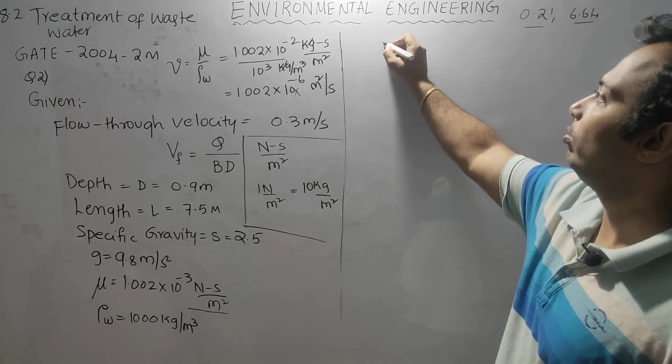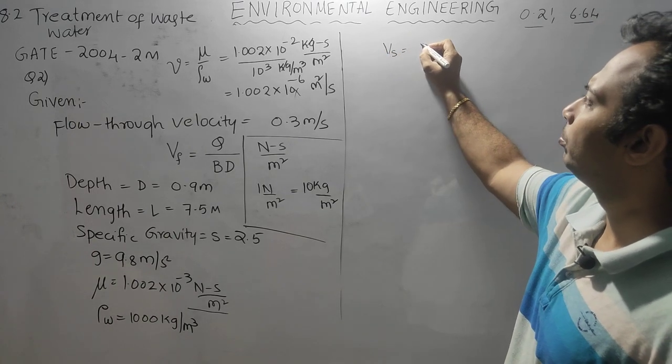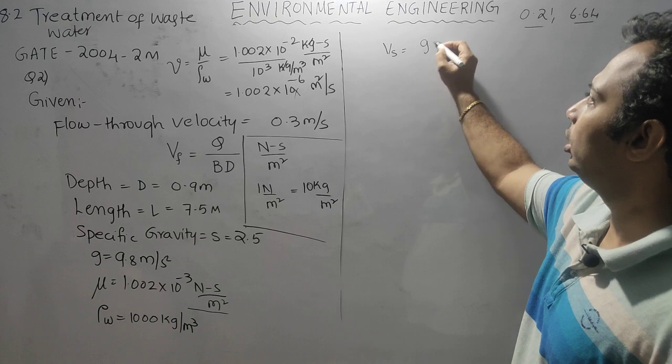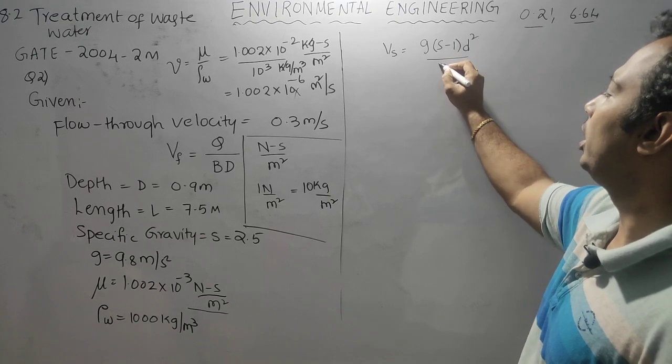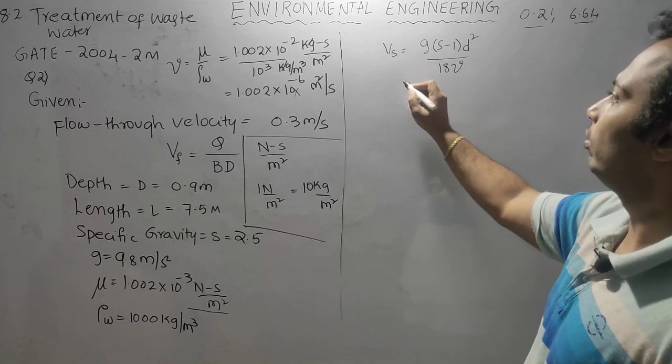Now Vs is equal to g by g into (S minus 1) d square by 18 nu. What is Vs?